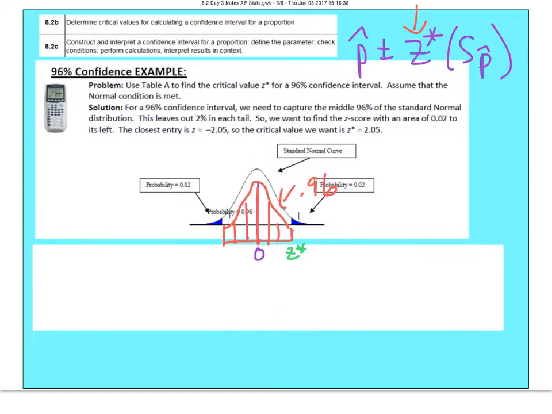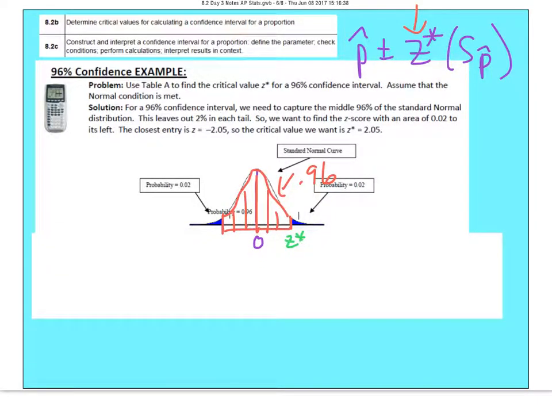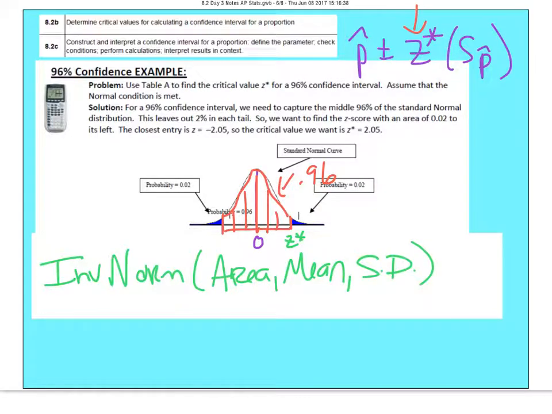So how do I use inverse norm on the calculator? Well, you would just type the area we're looking for, the mean, and the standard deviation. And the critical value we're trying to find is the z-score technically. So the mean is going to be 0 and the standard deviation is going to be 1. What's the area under the curve? Again, this is where we have to be careful.